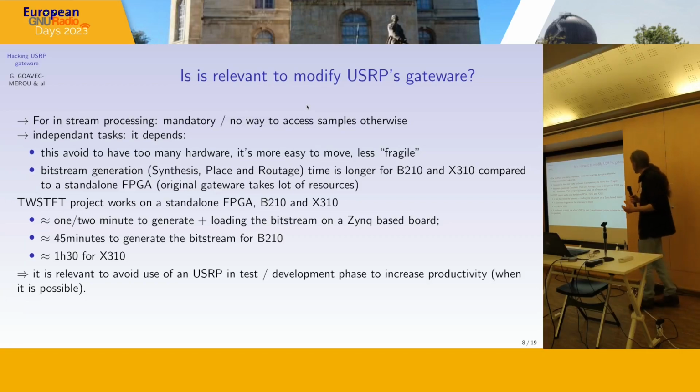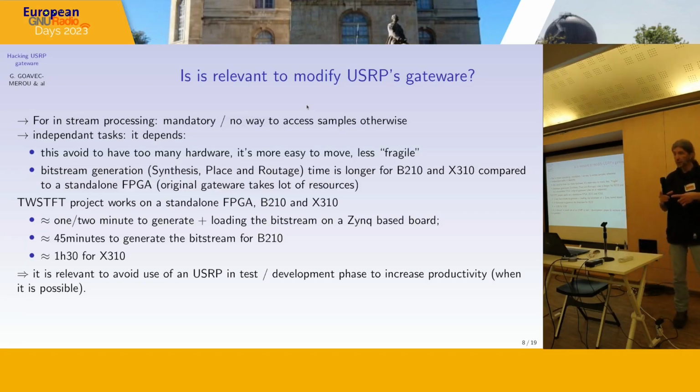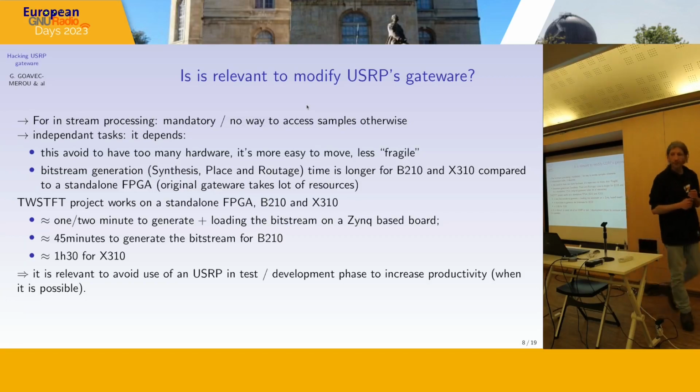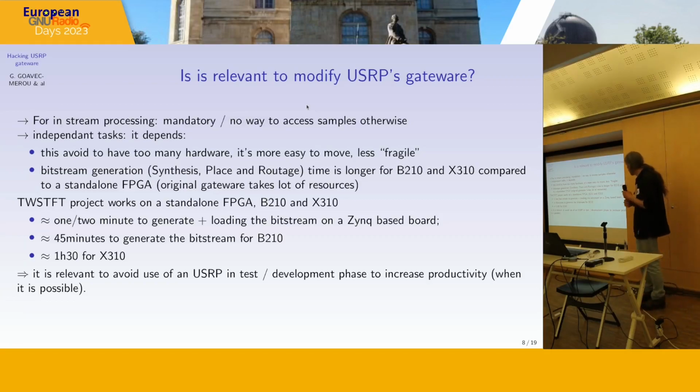But it's a bit more complex when we have to move this bunch of cables. You have a power supply. We need a box instead of just having a small card. And the next problem is the time to generate the bitstream.